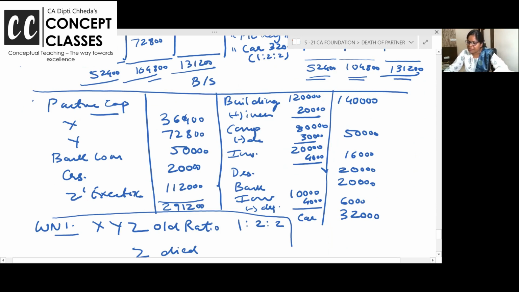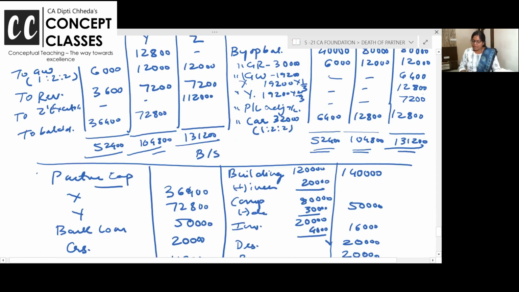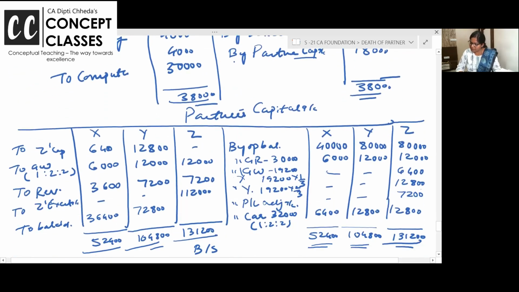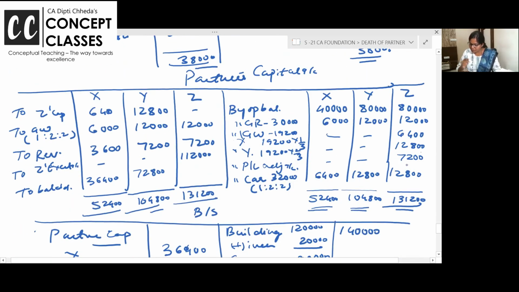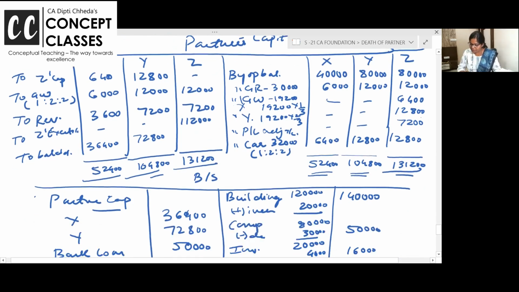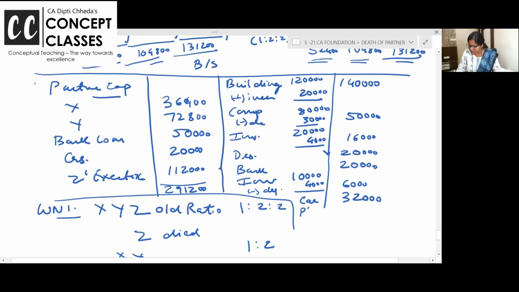140, 50, 16, 6,000. Yes. This profit that we have given to the partners, Z's 7,200, actually you can put it in the P&L adjustment account on this side.